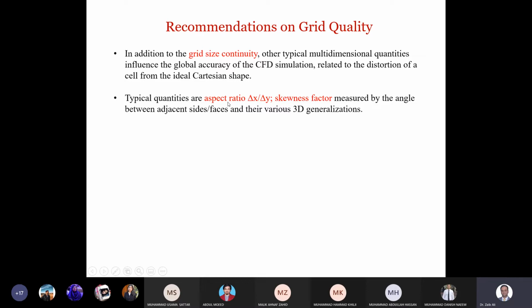The aspect ratio should be as close to 1 as possible, so delta x should be equal to delta y, apart from boundary layer resolution, where you need structured stretched meshes where delta x is much larger than delta y. Away from the boundary layer, you should try to create a mesh with an aspect ratio closer to 1. Similarly, you should have a very low skewness factor, closer to 0, and the angle between adjacent sides should be orthogonal, or 90 degrees.